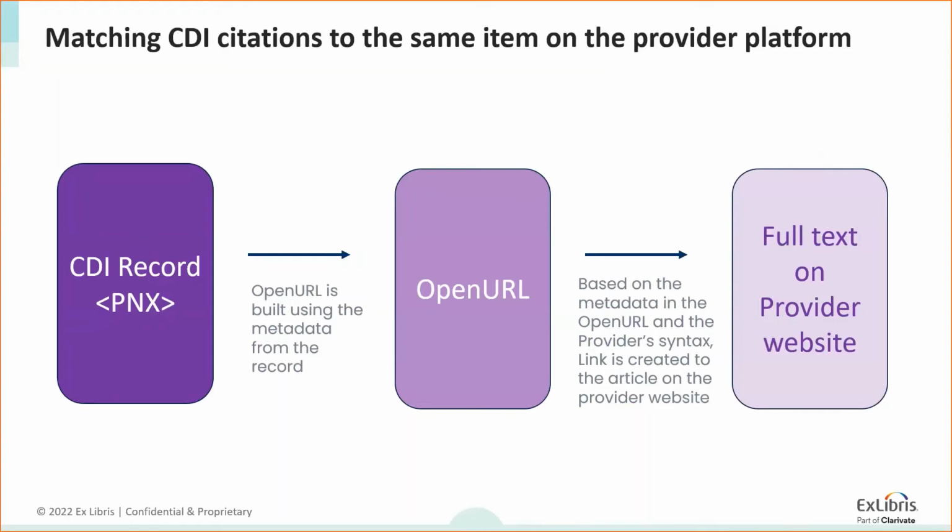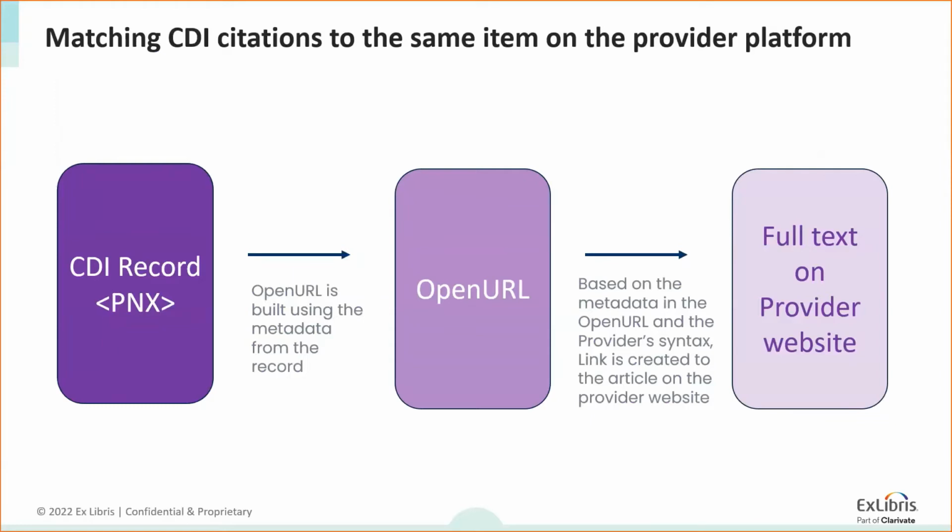Now, the open URL has all the metadata from the record, and with this open URL we can generate the link to the full text on the provider website. Each provider builds their website on their own, and they can do whatever they want.